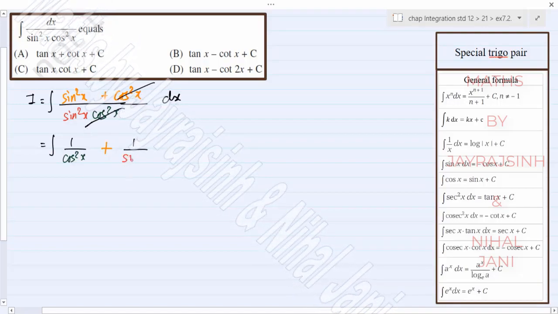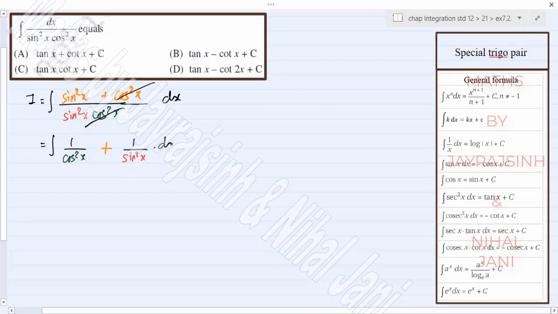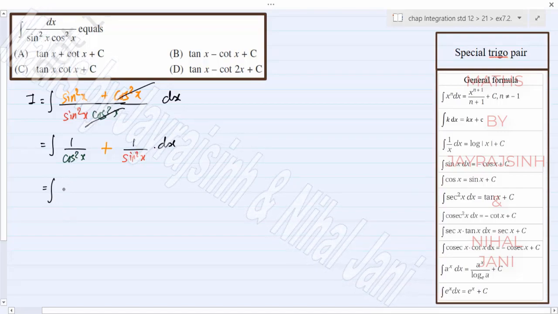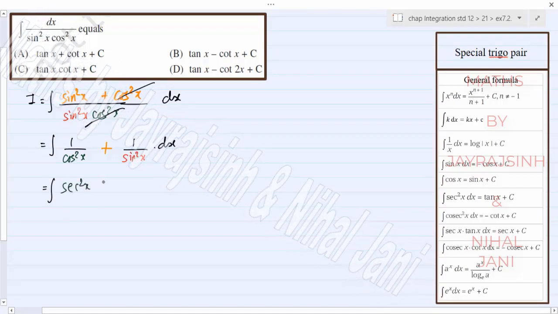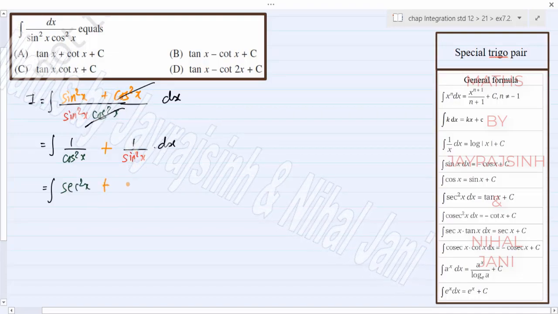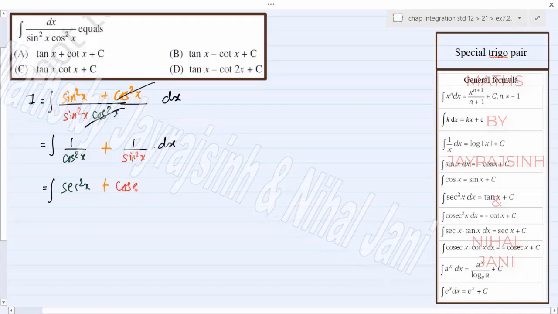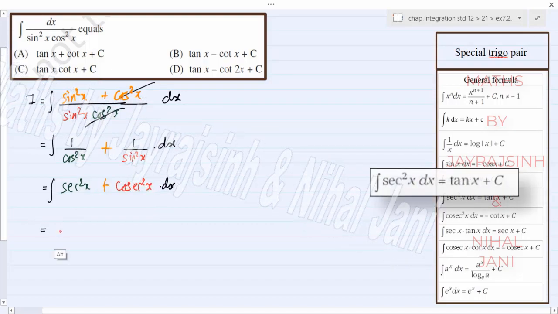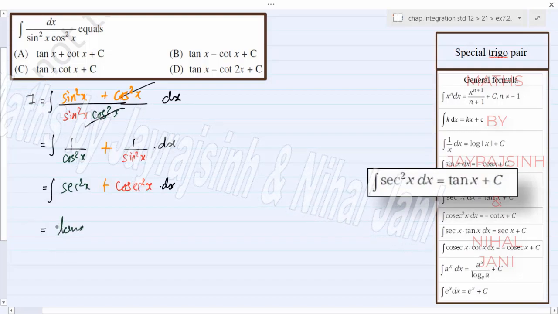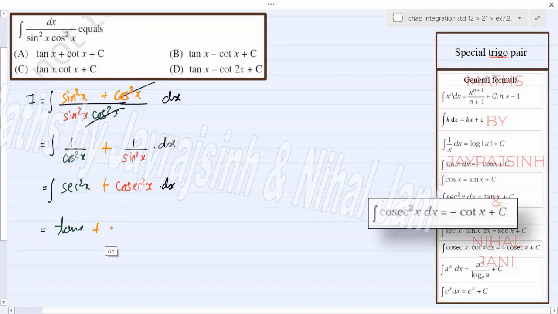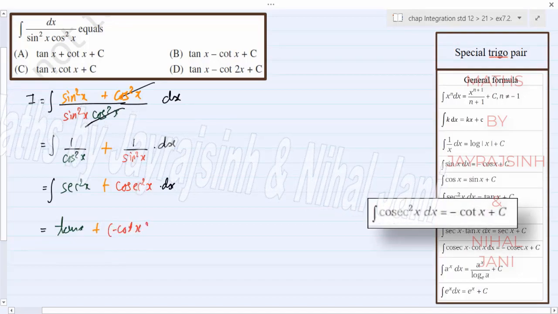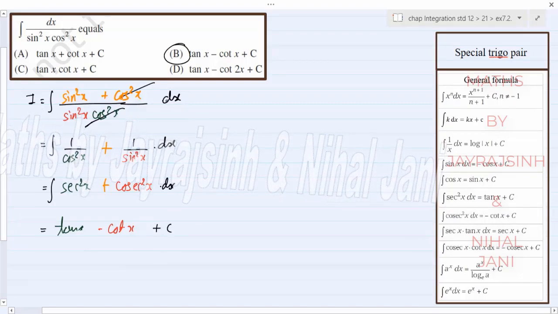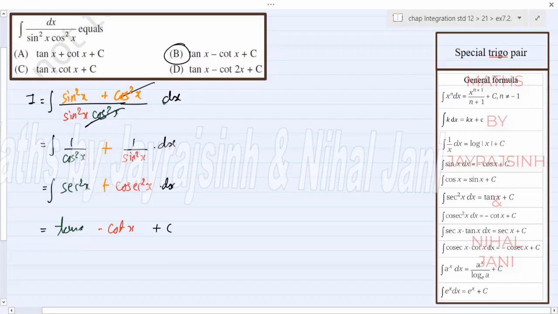We will get 1 upon sin square x. Or we can say we have to integrate 1 upon cos square x, which will become sec square x, plus 1 upon sin square x, which is cosec square x. So integration of sec square x is simply tan x, plus integration of cosec square x will be minus cot x, plus c is your final answer, which is given in option B. Ta-da!